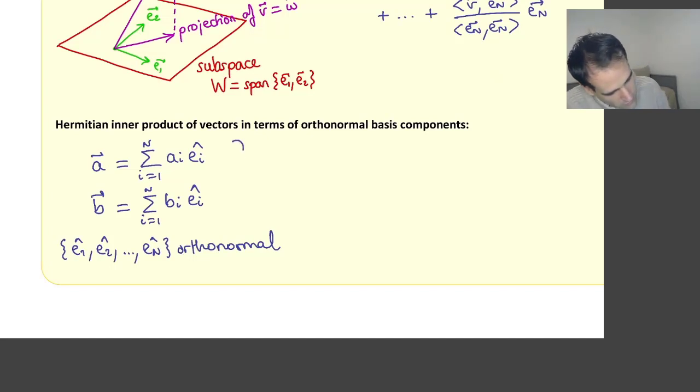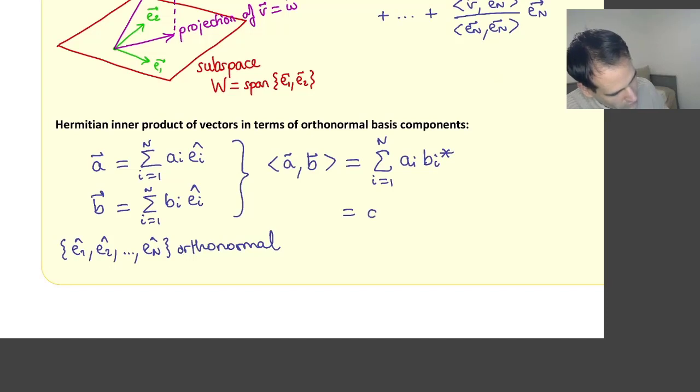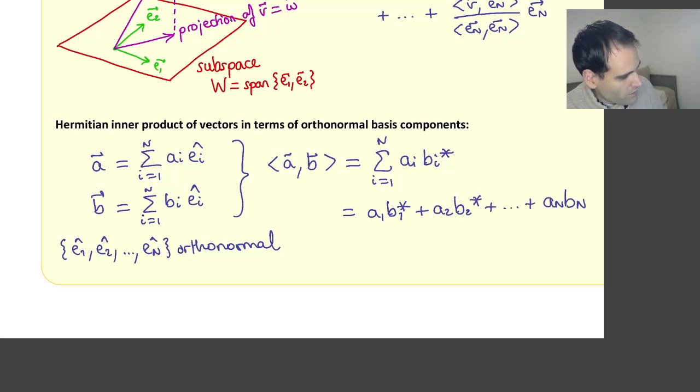And then this means that if we want to do the inner product between A and B, and I showed you the proof in the video step by step, the final result was that the inner product between A and B is equal to the sum from 1 to n of ai bi conjugate, which, if you want to write it without the sum symbol, is a1 times b1 conjugate plus a2 times b2 conjugate plus dot dot dot an times bn conjugate.